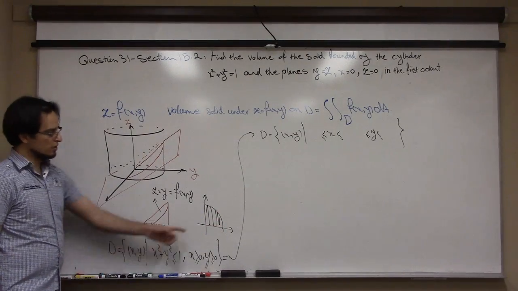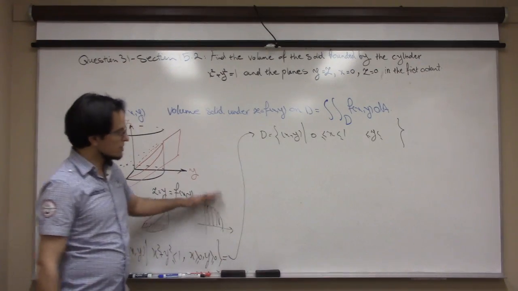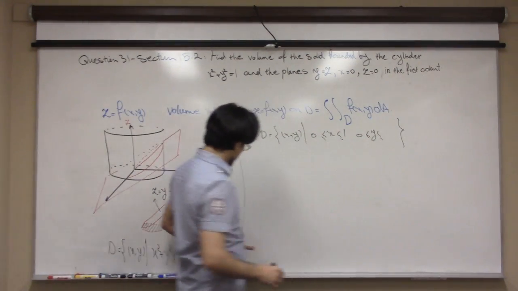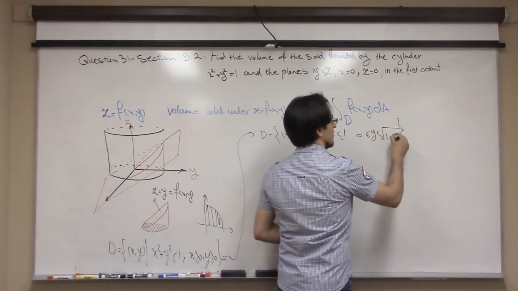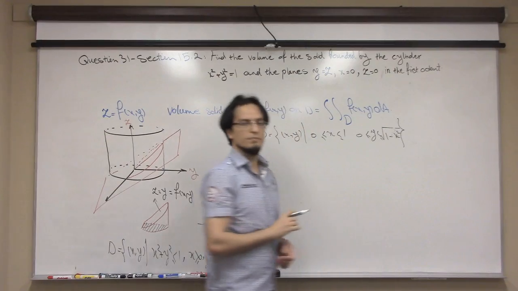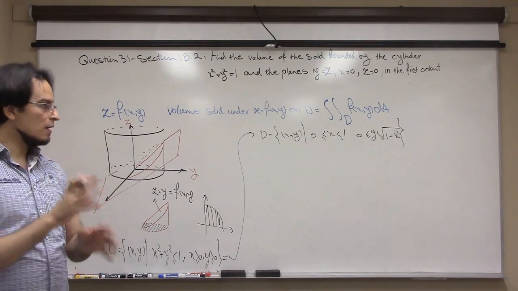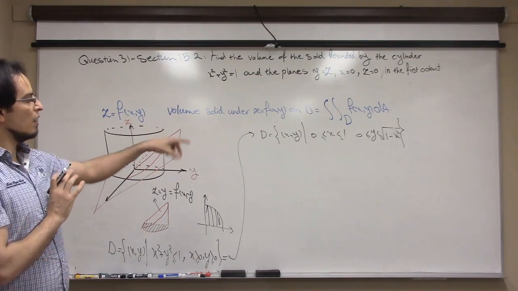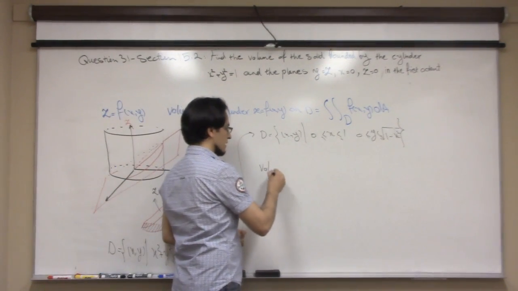And the radius is 1, so x goes from 0 to 1. Y goes from 0 to the circle itself, which in this case is given by square root of 1 minus x squared. So now we have a very good description of our region.